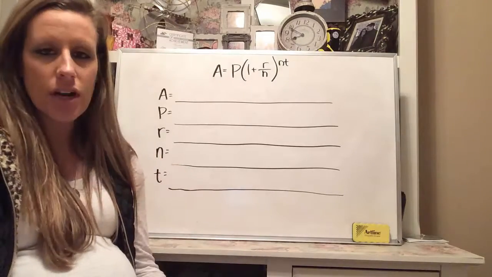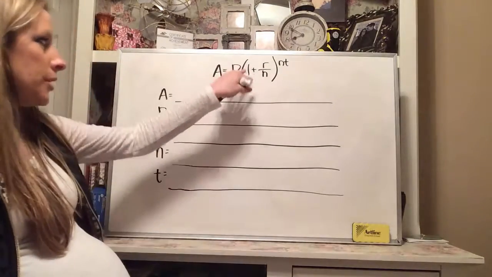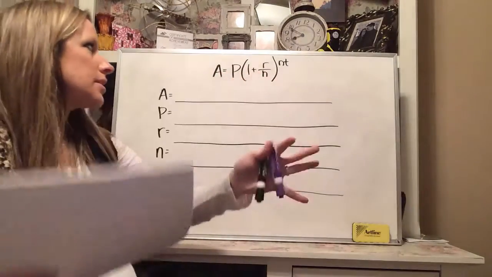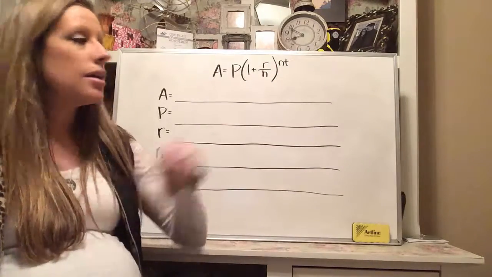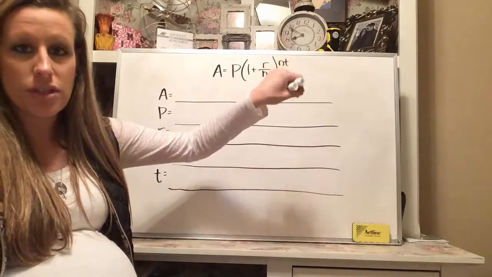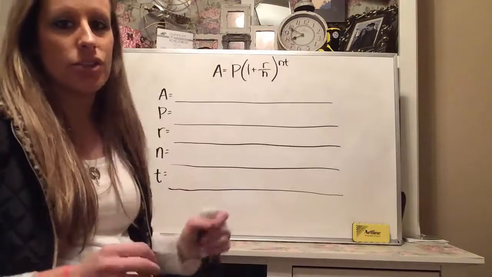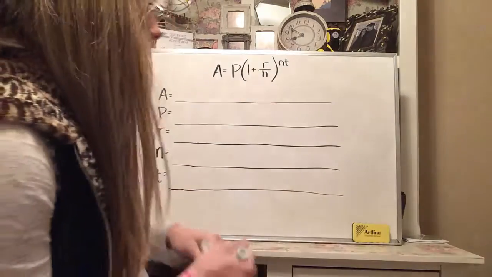So let's go ahead and start out with compound interest. At the top of your notes you have your formula. A equals P parentheses 1 plus R over N to the NT power. The N and T, both of those are in the exponent. So we need to talk about what each letter represents.